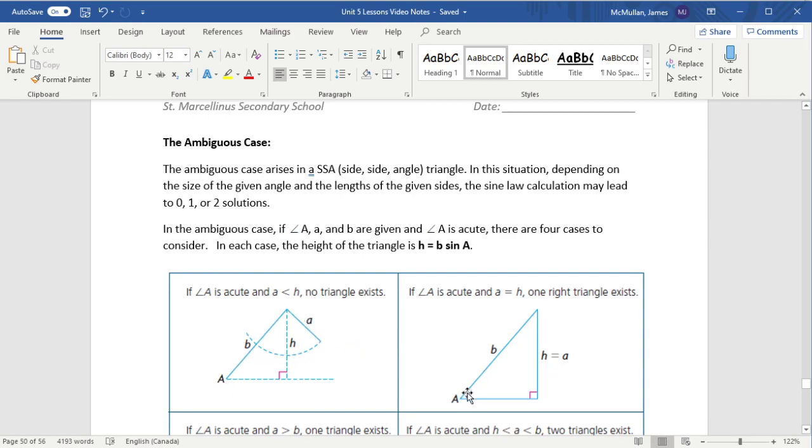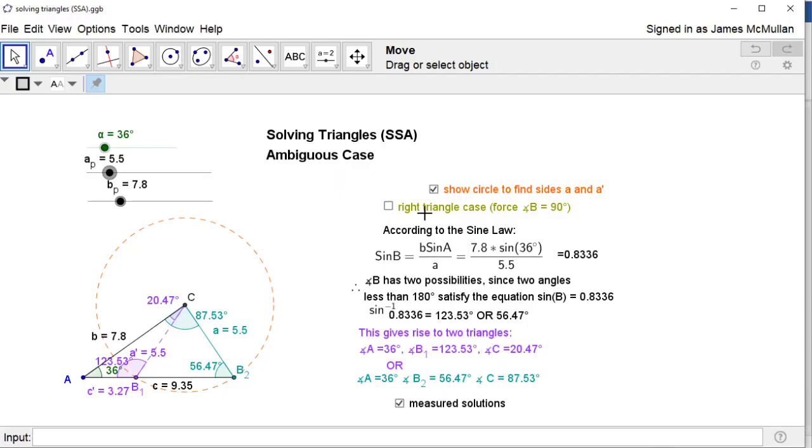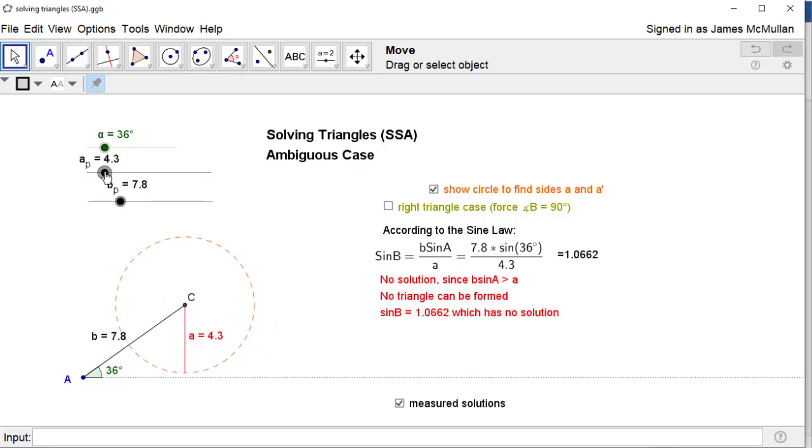So if you imagine that it's a right triangle, then b times sine capital A would give you this height, which means if the little a here is shorter than b sine A, you can't get a triangle, which as you can observe here, b sine A is bigger than little side a, so you cannot form a triangle.